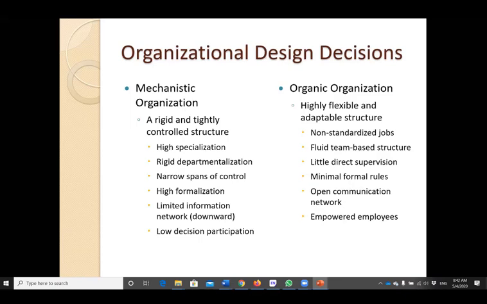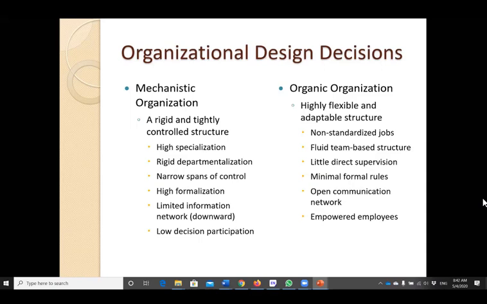So you can see that in the more rigid structure, you may have high specialization, like you got a certain number of jobs not interchangeable, etc. So just that person doing the job, you can't swap the job among the people. And you may have a rigid departmentalization. It means fixed departments, and because of that, you may have a narrow span of control.